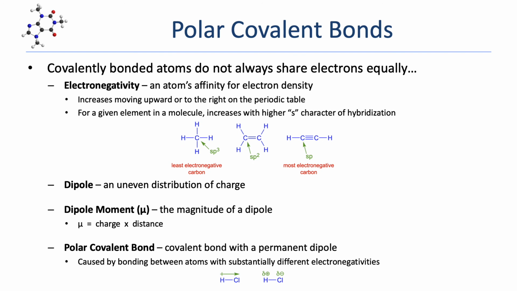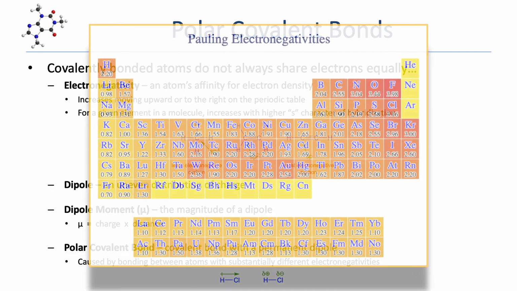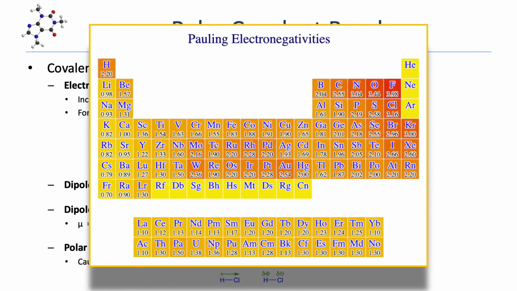Now, when you have a bond where the two atoms do not share electron density equally, we call that a polar covalent bond. It's a covalent bond that has a dipole. And it's caused when you have two elements that are bonded together that have reasonably different electronegativities. A nice simple example is hydrogen chloride, HCl, right? Hydrogen, being far to the left on the periodic chart, has a relatively low electronegativity.